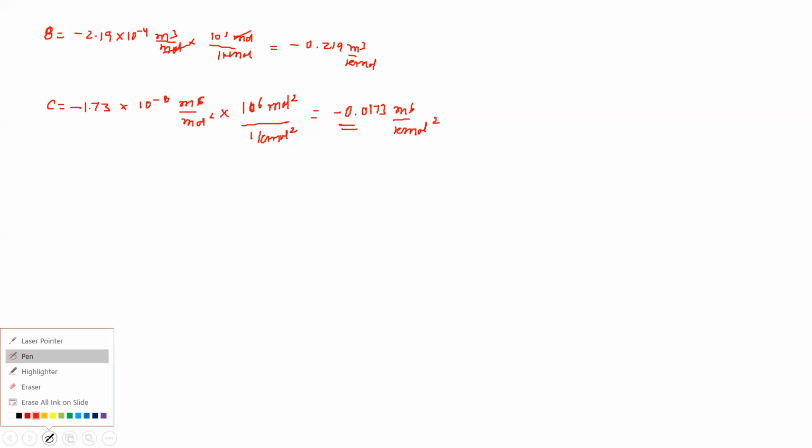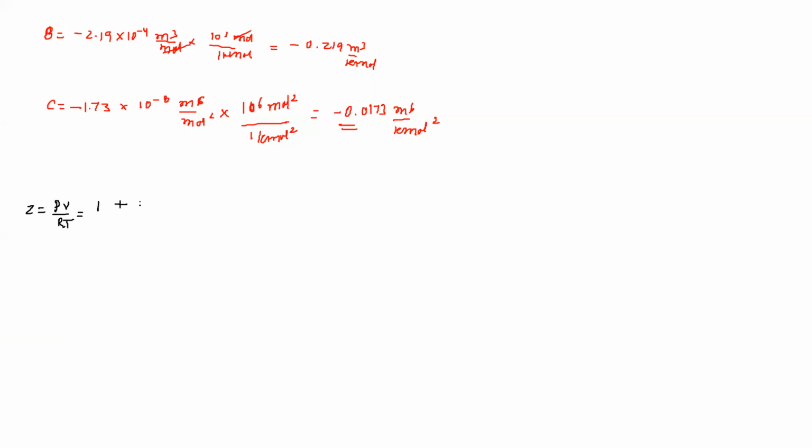Now we are going to use our virial equation. The virial equation is Z equals PV by RT equals 1 plus B by V plus C by V square. We are not going to take other terms.